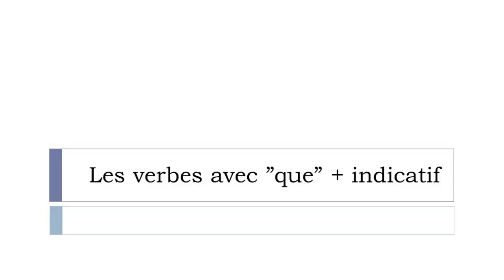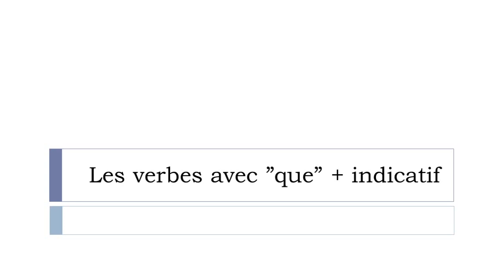Okay? Les verbes avec que, that will be followed by l'indicatif, just because normally at this level, after having introduced le subjonctif, many students tend to think that each time we've got a verb that will be constructed with que, it will automatically be followed by the subjunctive form, which is not the case, okay?